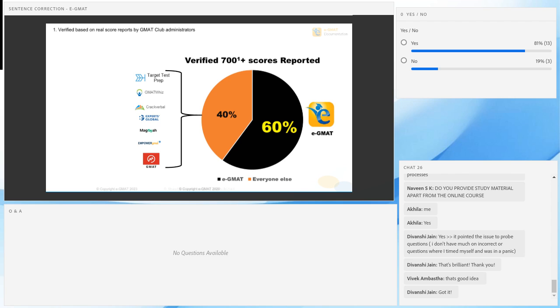When you see this statistic in front of you, that there are so many partners on GMAT Club, yet e-GMAT alone accounts for 60% of all the success, right?